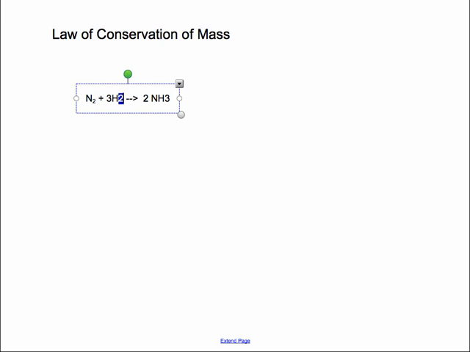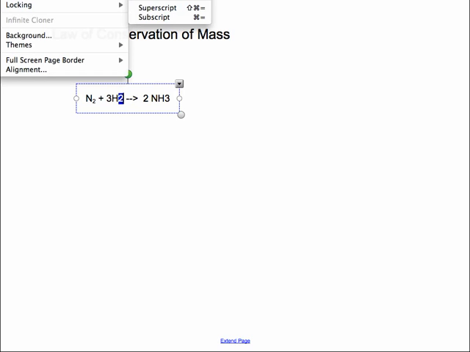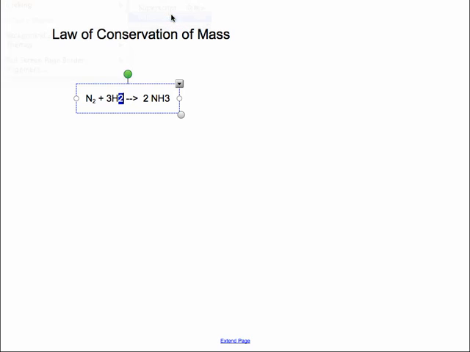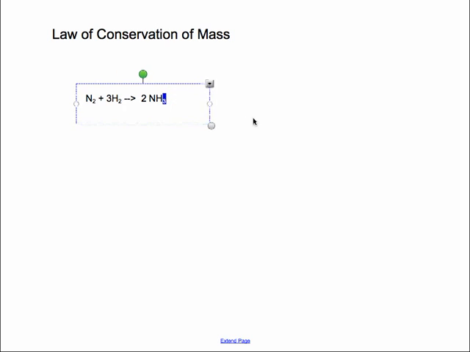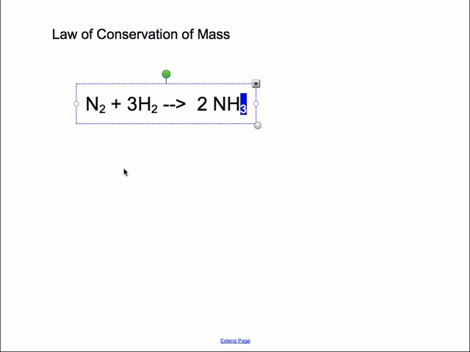And so what this reaction is describing is hydrogen and nitrogen coming together or combining chemically to form NH3, nitrogen trihydride, or you could say ammonia if you know the common name. And there we go. So here's our balanced equation.